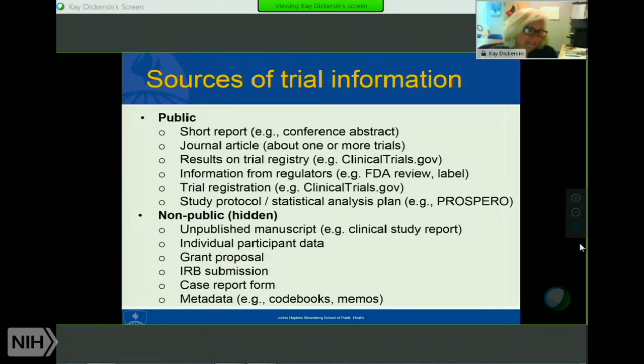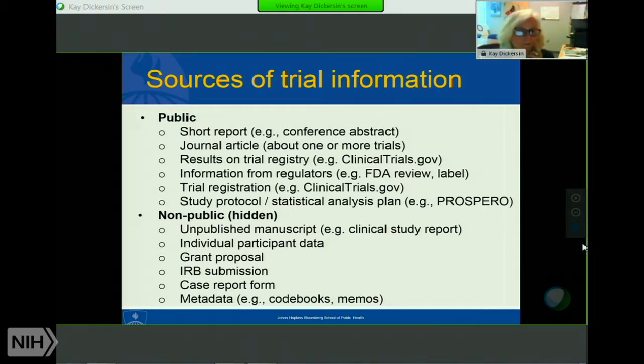So related to the selective outcome reporting and other types of reporting biases is where do we get information for trials? Observational studies are a little different, but not so different. I just think they aren't as far along in the analysis, the methodologic analysis.